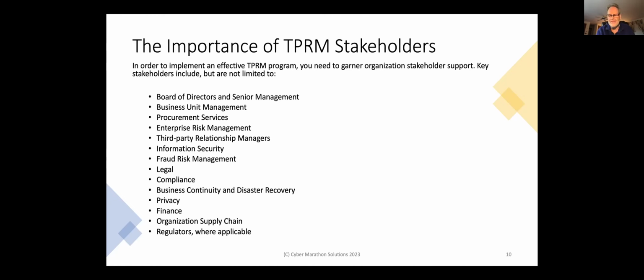Information security is an important stakeholder because they have many functions that tie directly into third-party risk management. And many, if not most of the time, third-party risk management programs are part of the information security organization.